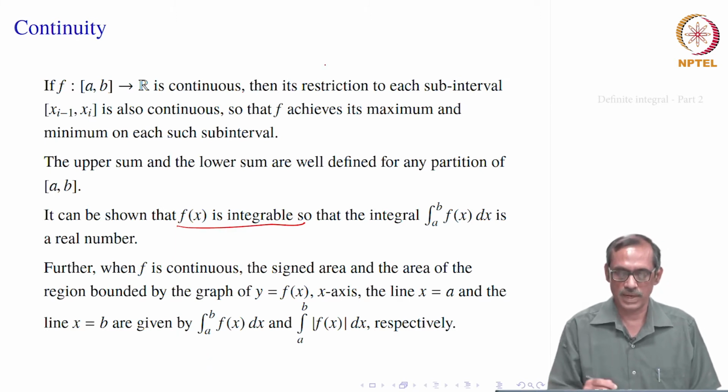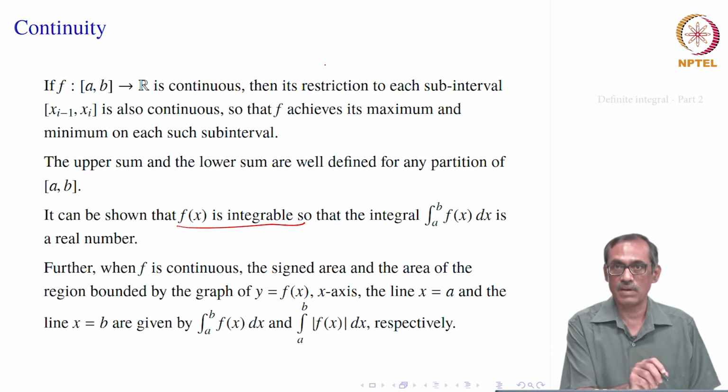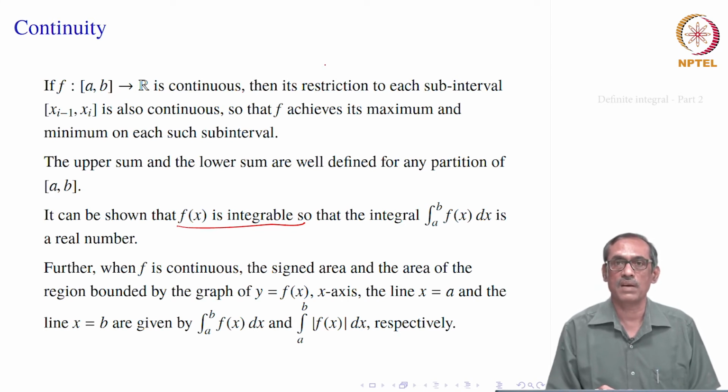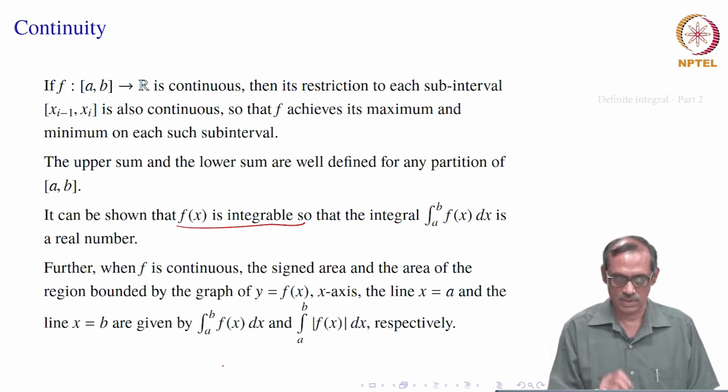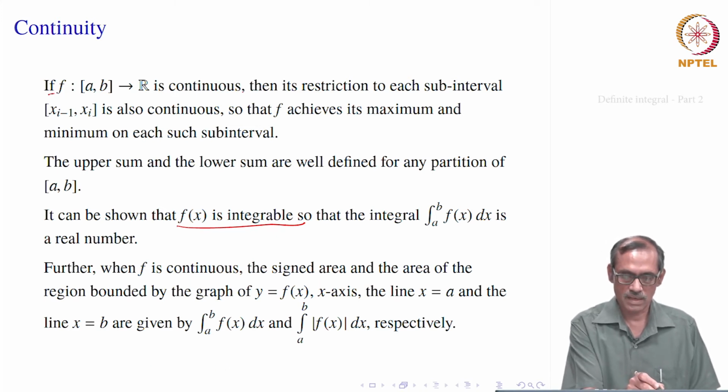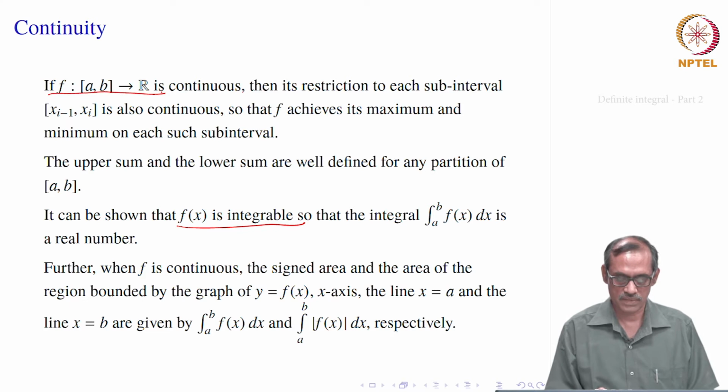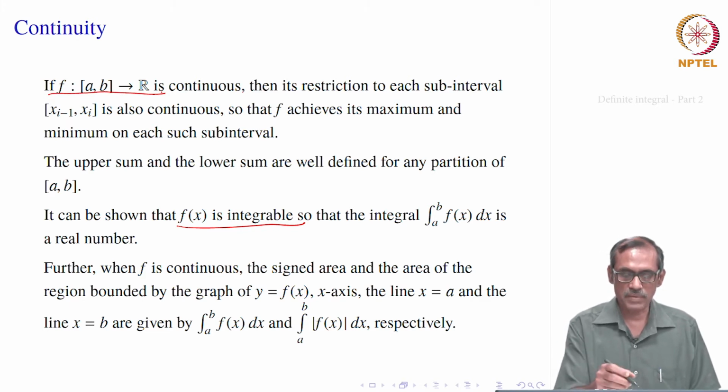That is the main result, which uses our notion that the summation of capital M_i minus small m_i times (x_i minus x_{i-1}) goes to a limit, and that limit exists and is equal to 0 when the norm of the partition P goes to 0. That can be proved by using only continuity of the function f on the closed interval [a, b]. So, when f(x) is continuous on [a, b], it is integrable.